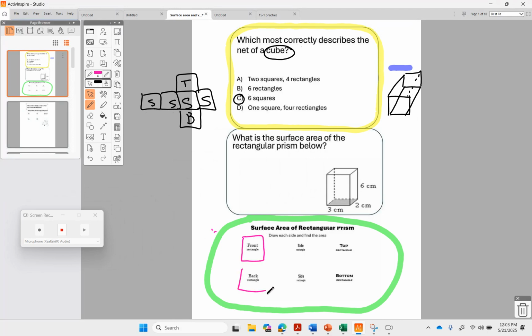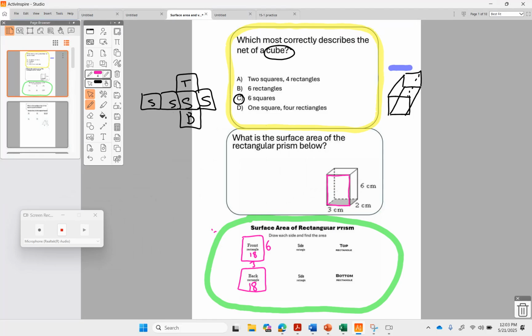I'm going to say the front of the shape has those dimensions, so that's 3 by 6 tall. So the area of the front is 18, which means the back is also 18.